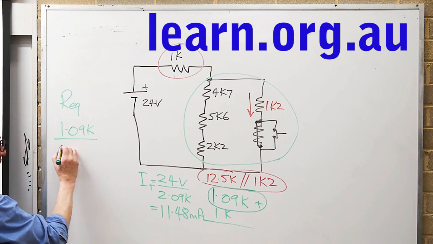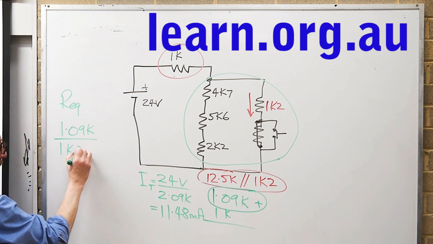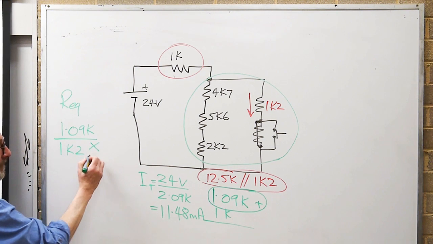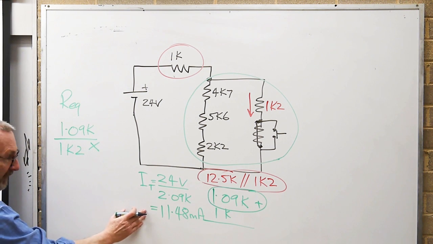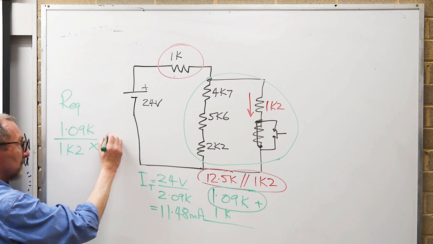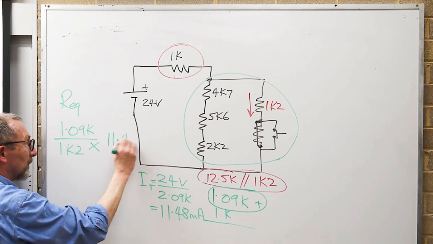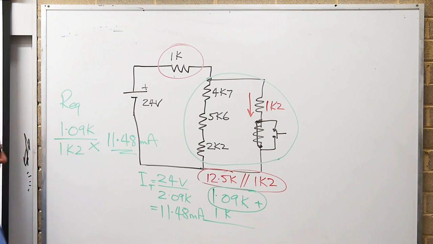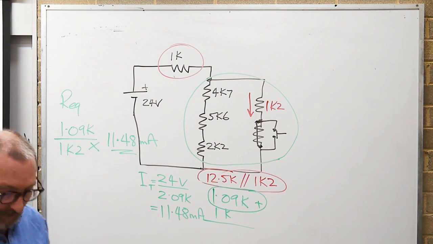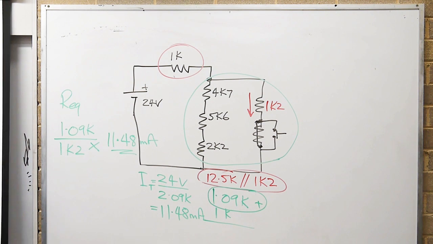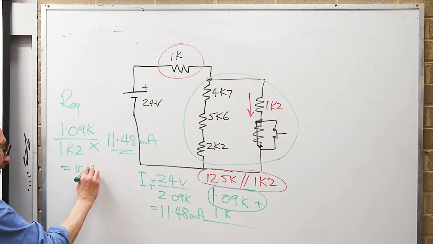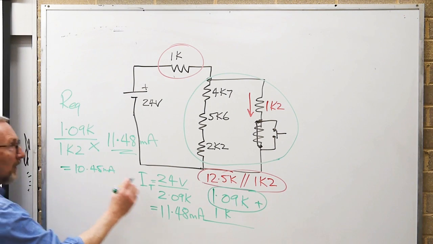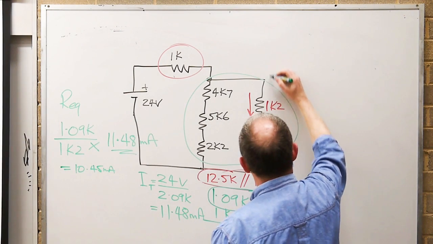So that would be divided by the 1K2 and then times the total circuit current of 11.48 milliamps. So we actually didn't do that the first time I ran the question. When we do that, do we come up with exactly 10.45 milliamps?